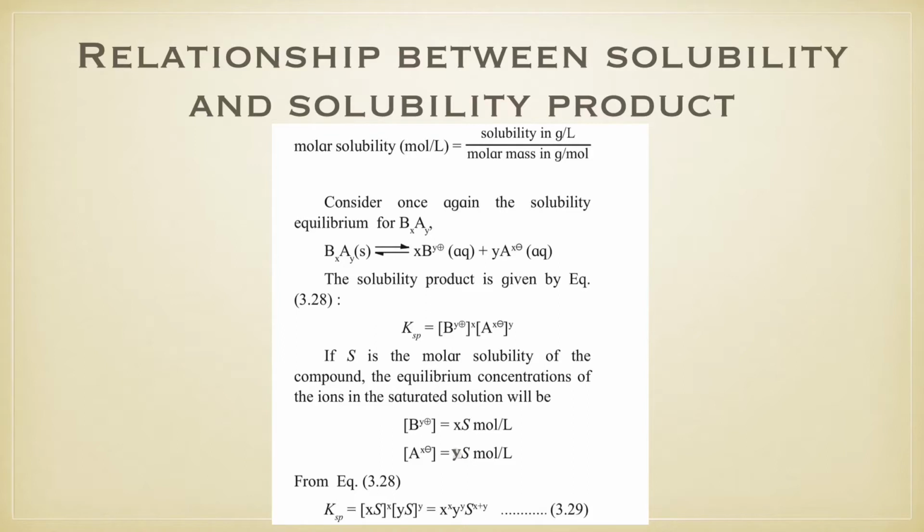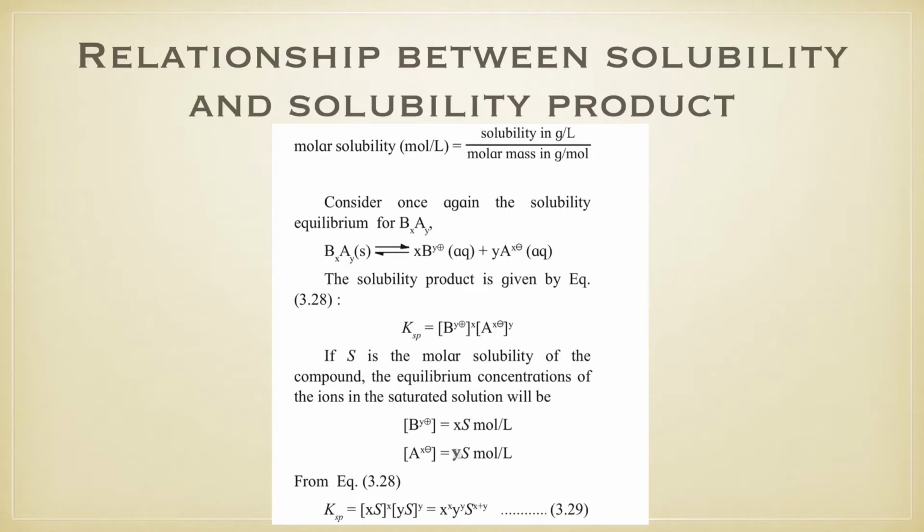The concentration of B raised to y plus will be equal to x into S mole per liter, and the concentration of A raised to x minus will be equal to y into S mole per liter.